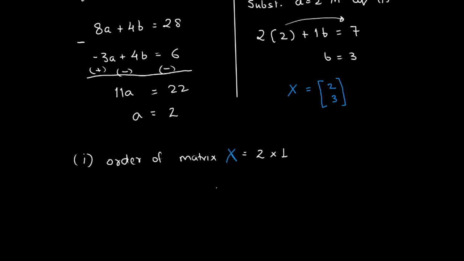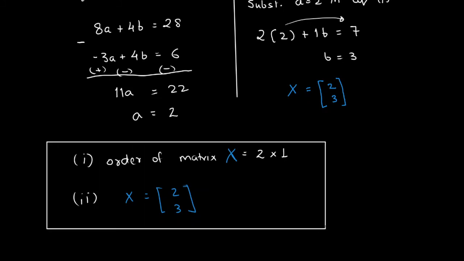And finally, we have to find matrix X as well, that's our second answer. Matrix X is equal to 2, 3. This is our matrix X. So this here is our final answer. Let's just mark it as such. So this, if you notice, is our final answer.